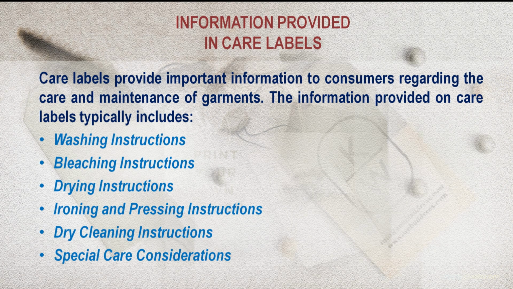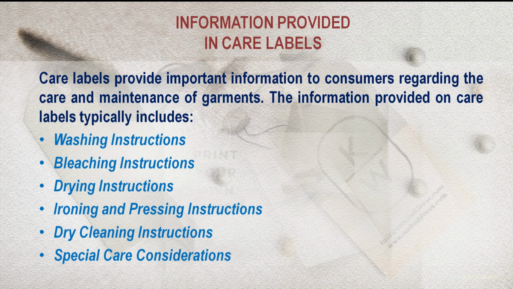Now let us look at the instructions we see on labels, especially care labels: washing instructions, bleaching instructions, dyeing instructions, and how we have to dry the garment, whether line dry or flat dry.